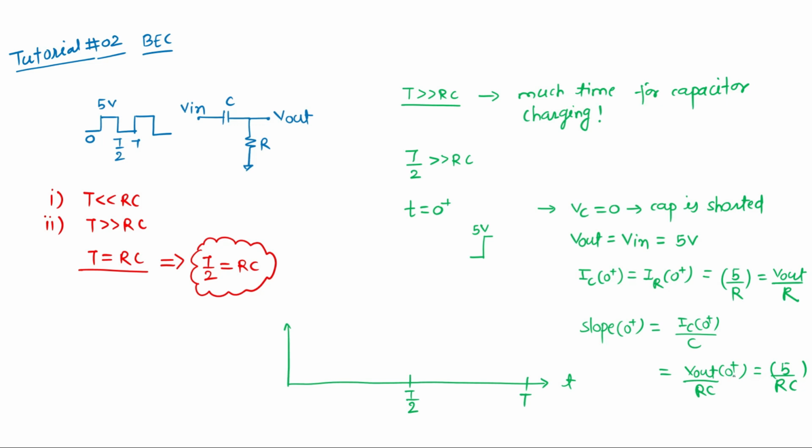Let's see my capacitor is charged, and initially this is my V out. I'm not drawing VC; when VC is initially 0, my V out is 5 volt. Let's say after some time instant, which is much less than T by 2 but around some T naught instant, so T equal to T naught plus, where T naught is much less than T by 2 but greater than 0.